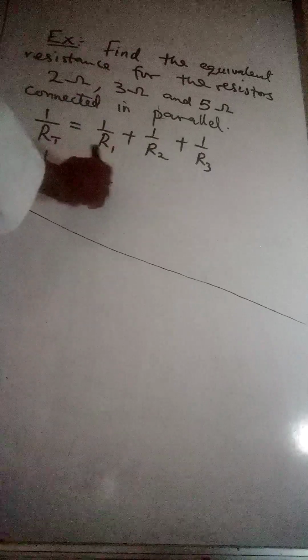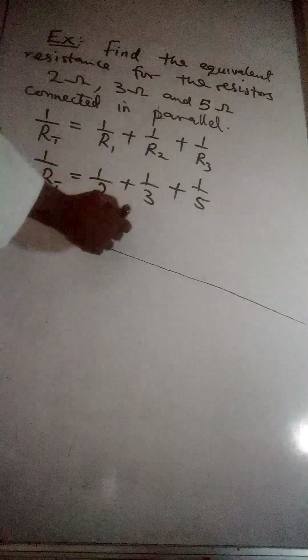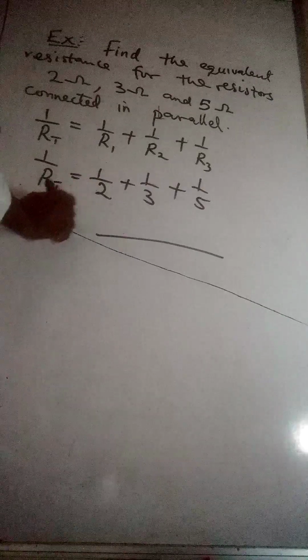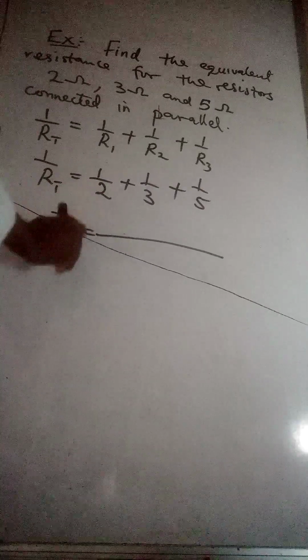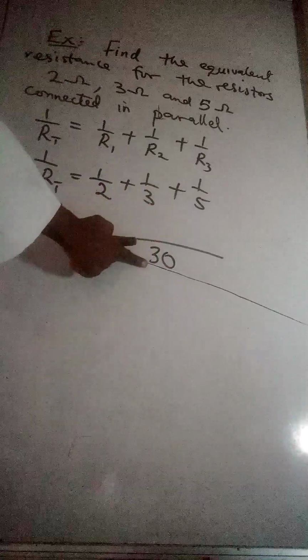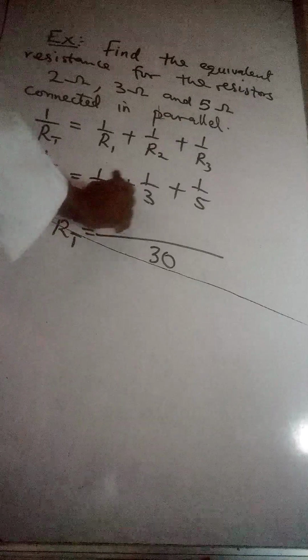Okay? So that means 1 over R total will be 1 over 2, let 2 be my R1, 1 over 3, let 3 be the R2, and 1 over 5, let 5 be the R3. So by the time you find the LCM for 2, 3, and 5, 1 over RT will be equal to, LCM for 2, 3, and 5 is 30. 2 in 30, that is 15. 15 times 1, 15.